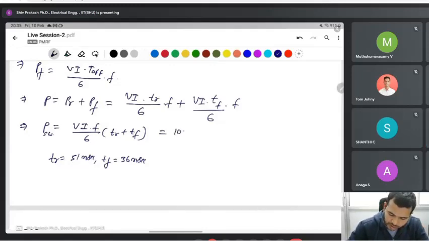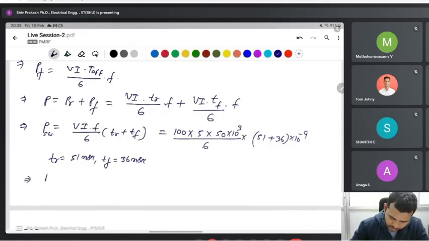Voltage 100, current is given 5, frequency is 50 kilohertz, divided by 6 into 51 plus 36 into 10 to the power minus 9. If you solve this, you find 0.3625 watt.